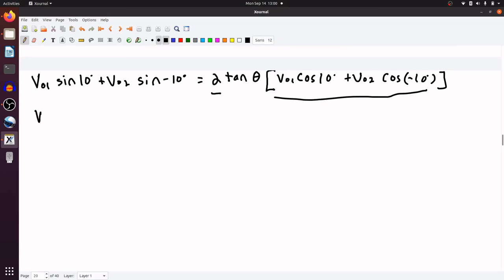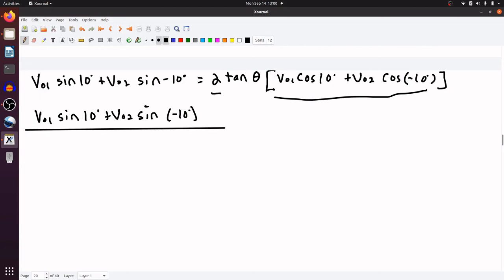So that's going to give me V naught 1 sine of 10 plus V naught 2 sine of negative 10, and then that's going to give me 2, and I'm just going to distribute my 2. 2 V naught 1 cosine of 10 plus 2 V naught 2 cosine of negative 10 is equal to the tangent of theta.